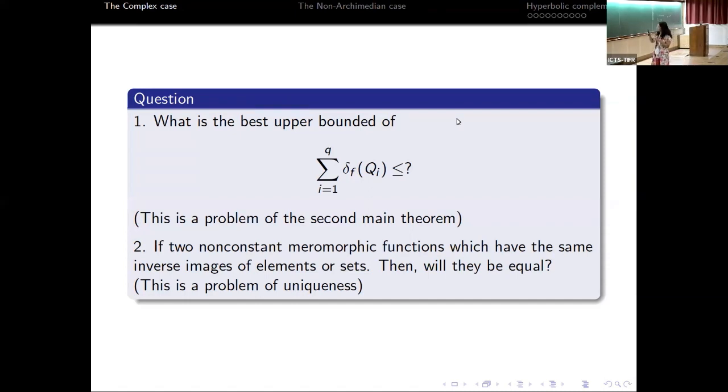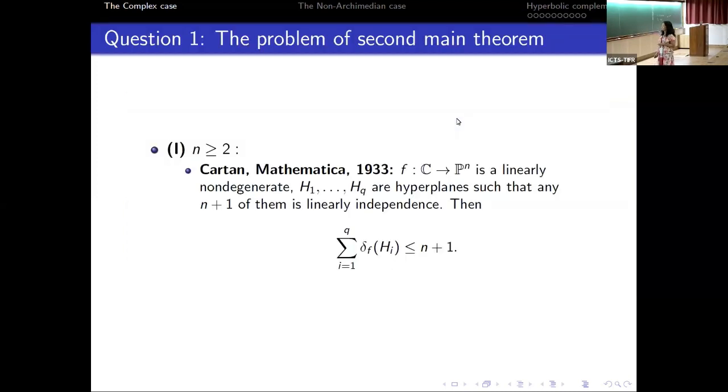Another question is whether we can determine a map or a function if we know the inverse images of a set of points. So those are the two main questions in Nevanlinna theory. You can see it's funny to start from dimension 2, but actually Nevanlinna worked for n equal to 1 first. But here I want to tell you the story for n bigger than or equal to 2 first, and then I will go back to n equal to 1 later.